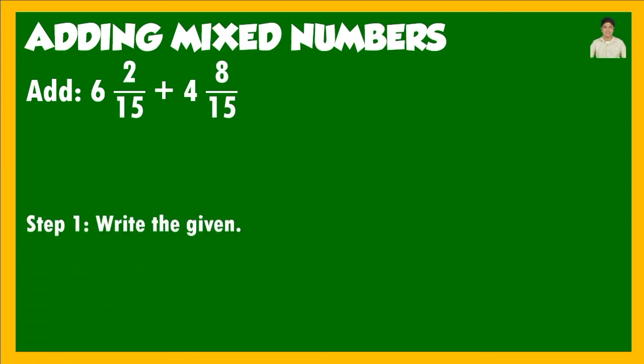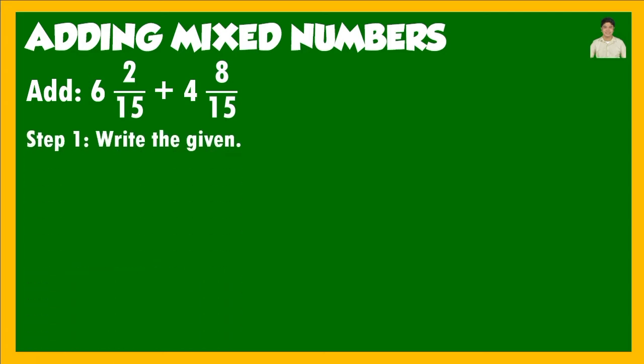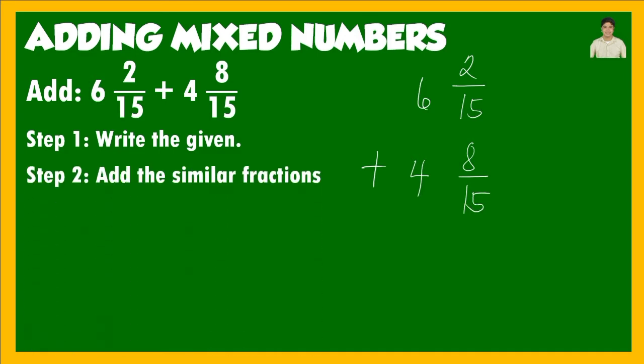So, let's have the first step. Write the given. Isulat lang po natin, 6 and 2 over 15 plus 4 and 8 over 15. So, mag-a-add tayo vertically. Next, add the similar fractions and then the whole numbers.